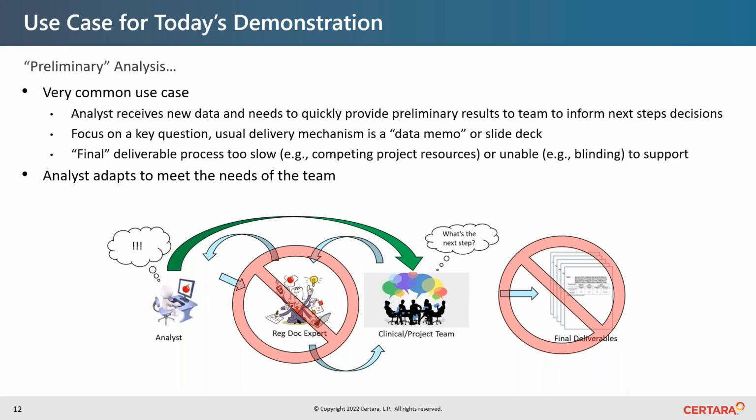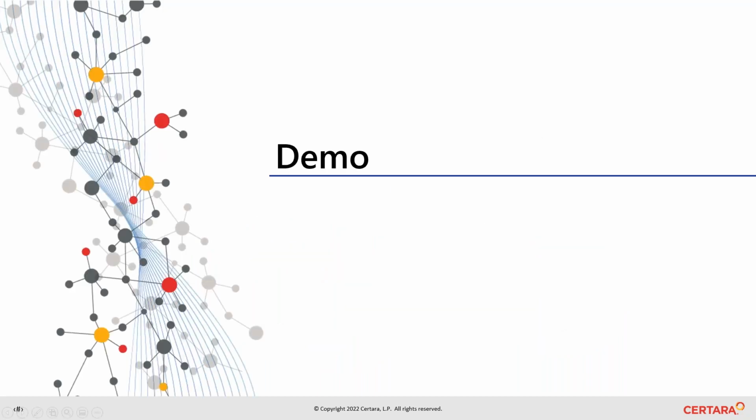Maybe there's competing project resources for the regulatory documentation expert, or maybe there's logistical issues with the use of that process. It used to be if you uploaded PK data to a database, you didn't always have the blinding control that you needed to prevent unblinding the study. So RsNLME, using this one element of the R universe, R Markdown, allows the analyst to adapt to meet the needs of the team in this situation.